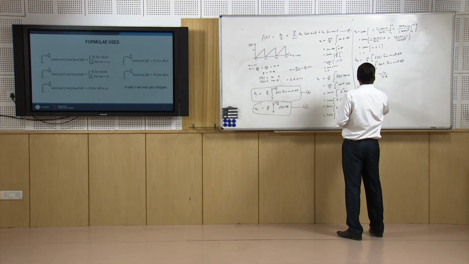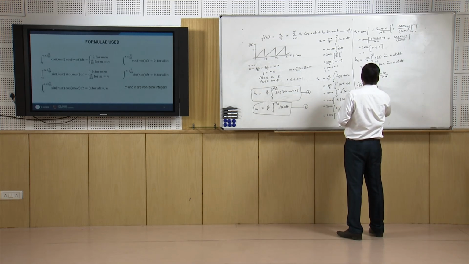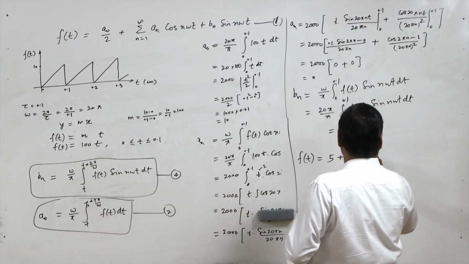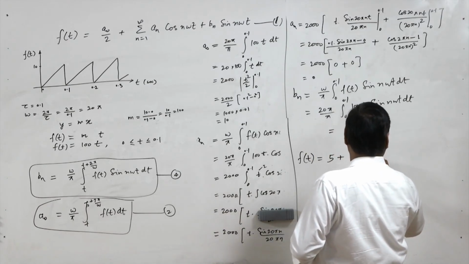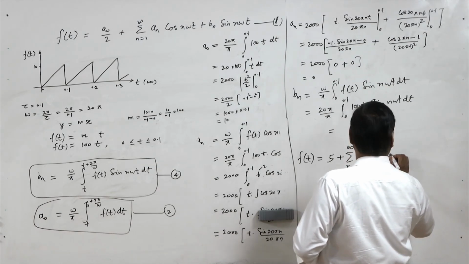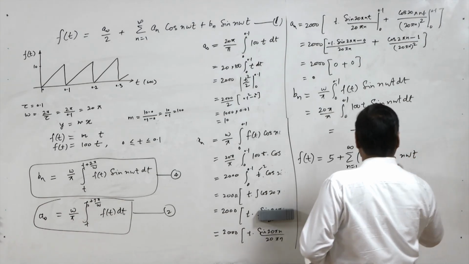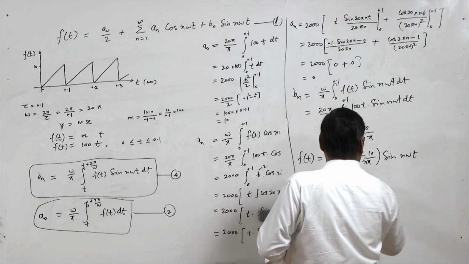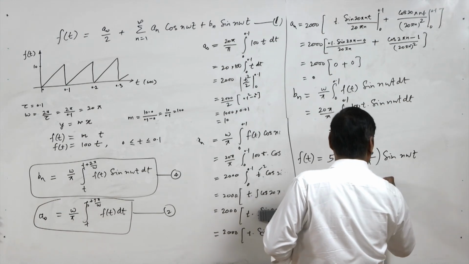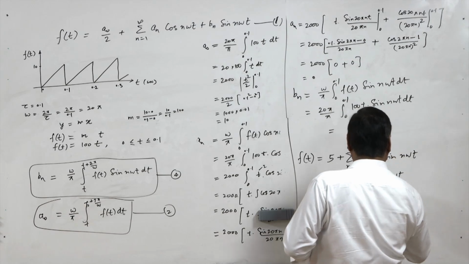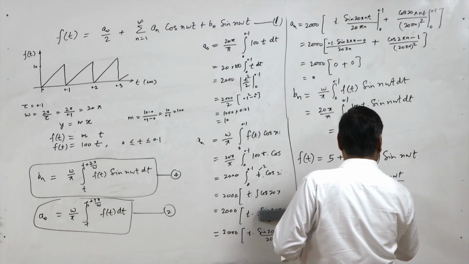So here we can write f(t) equal to 5 plus bn is minus 10 by nπ, and here sigma n equal to 1 to infinity, and here sin nωt. Now we can write like 5 minus 10 upon π, sigma n equal to 1 to infinity of sin nωt by n.